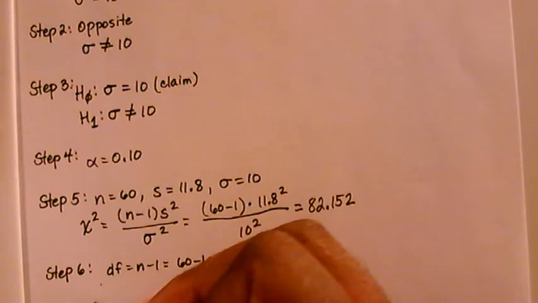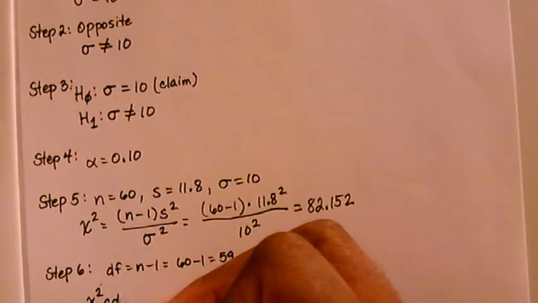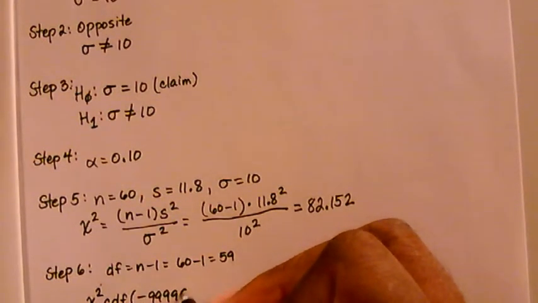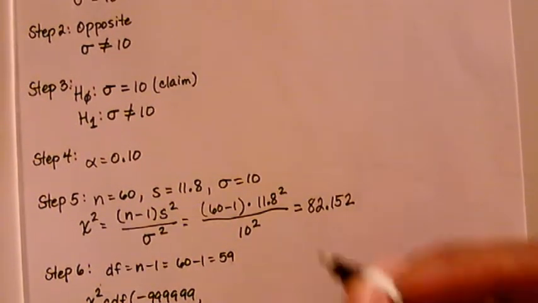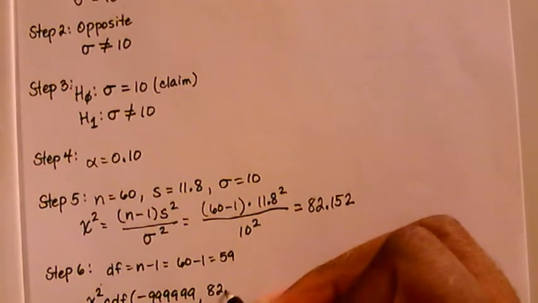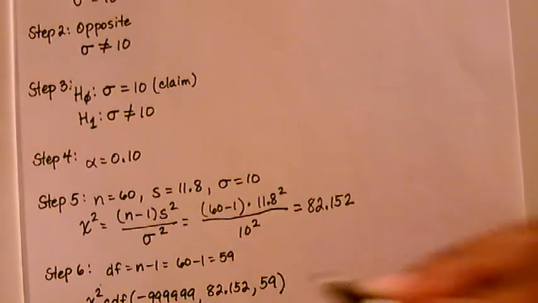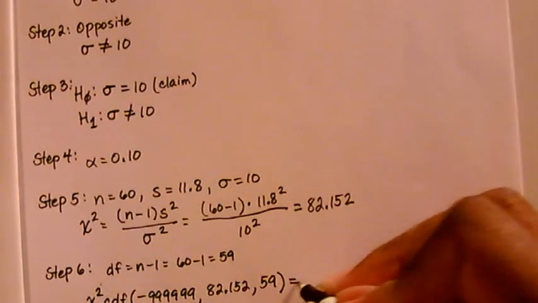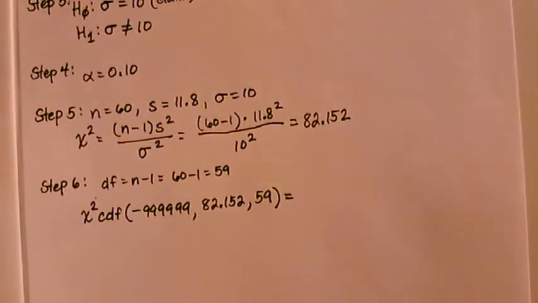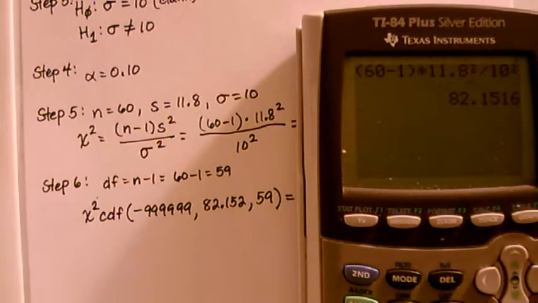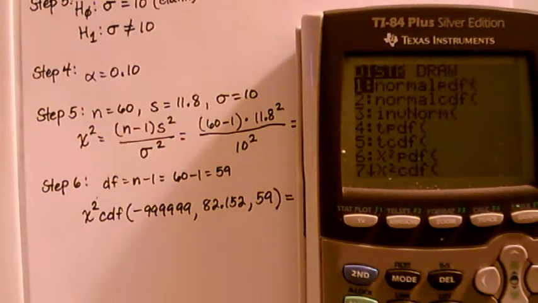So here's what I'm going to do. I'm first going to do the chi-square CDF of negative 999,999, comma, the test statistic, which is 82.152, comma, degrees of freedom, which is 59. On the calculator, press second and vars for the distribution menu and hit your down arrow key to find chi-square CDF.